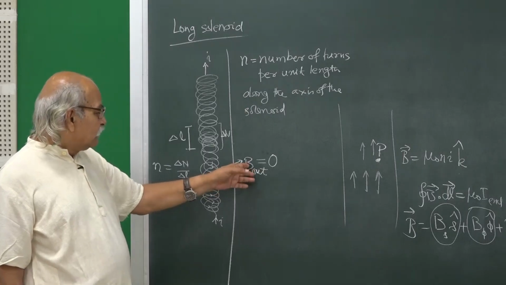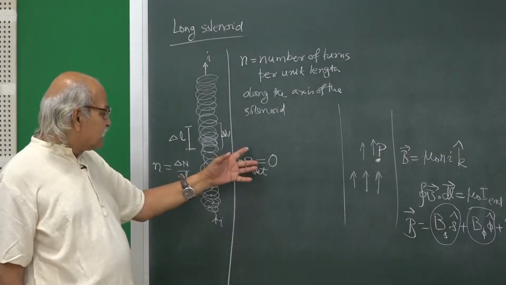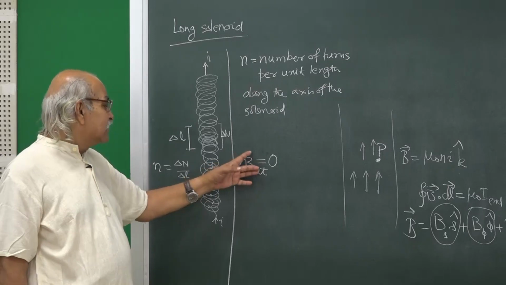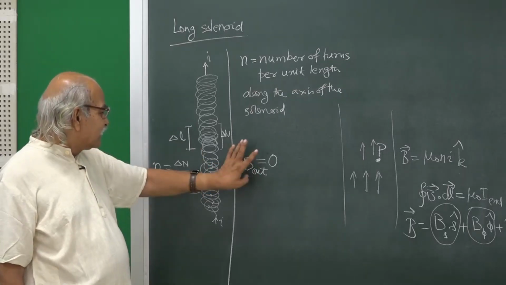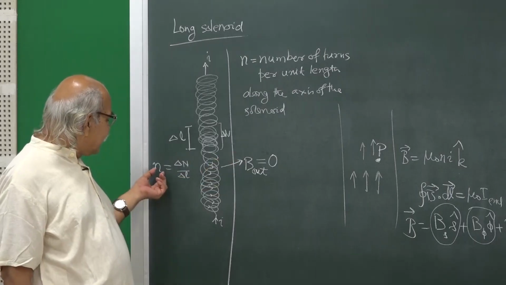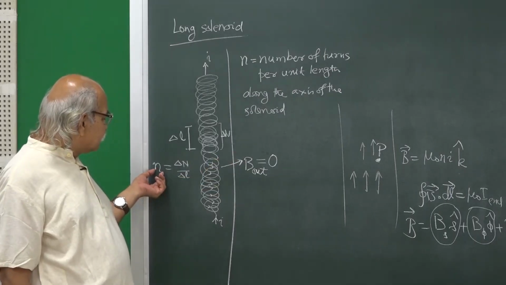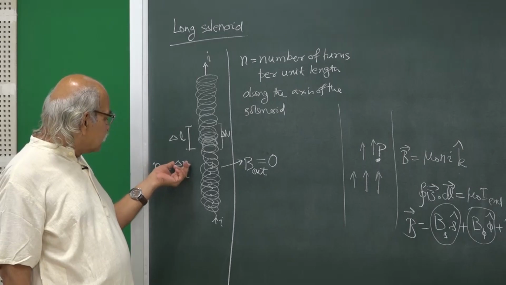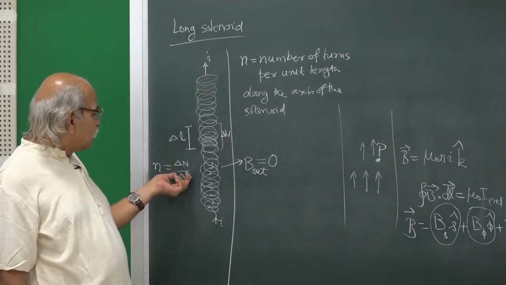It is 0, but to prove that it is 0 is not very simple. So, I am just taking it that this is 0, and this small n is the number of turns per unit length of the solenoid.